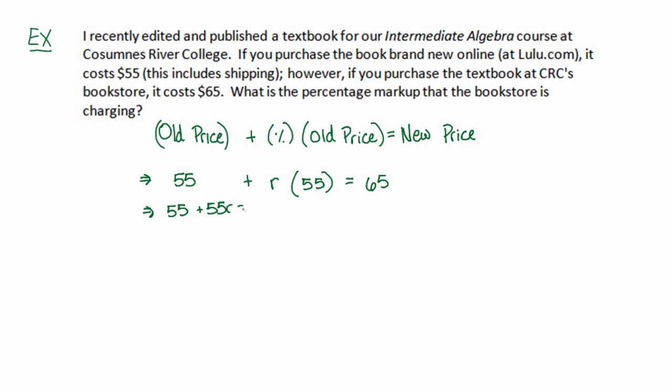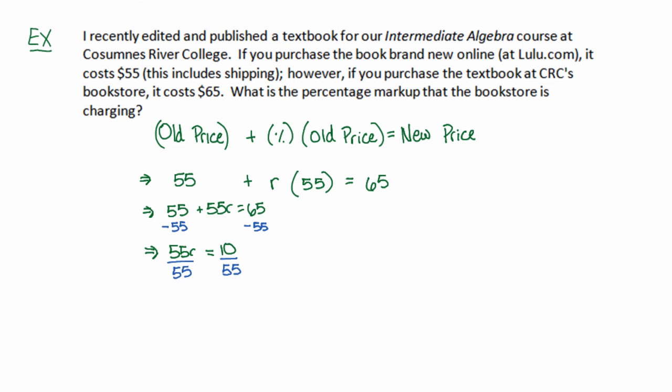And now I will subtract using the subtraction property of equality. I'll subtract 55 from both sides. And that will give me that 55R is equal to 10. And now I will divide both sides using the division property of equality. Divide both sides by 55 to rip that 55 off that R. This is just solving a linear equation in one variable.